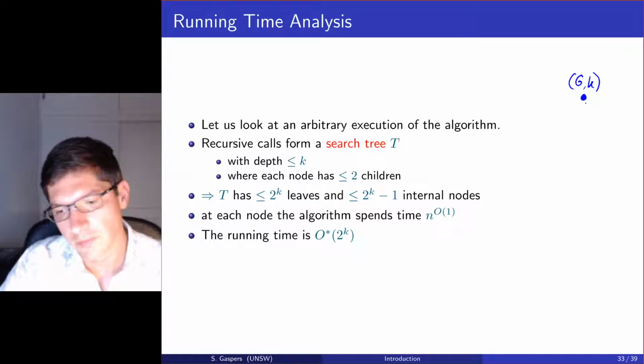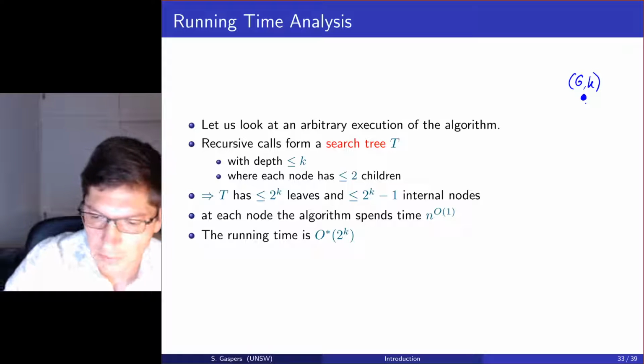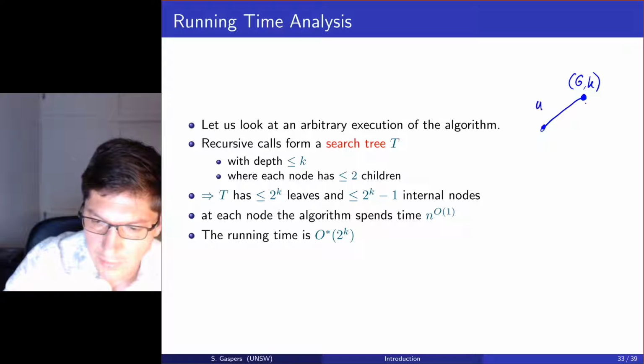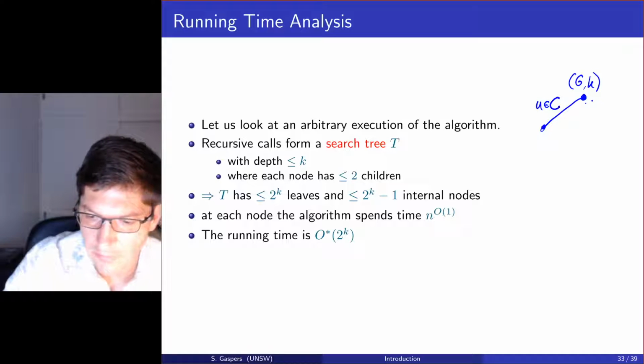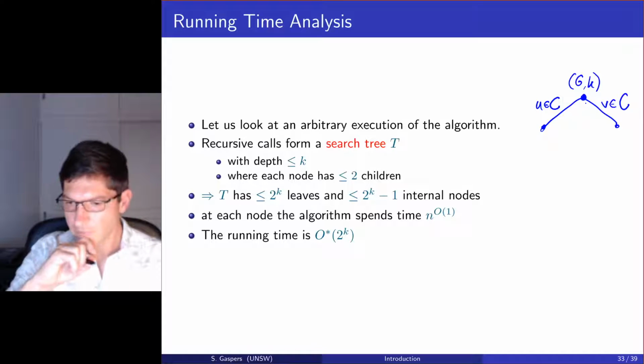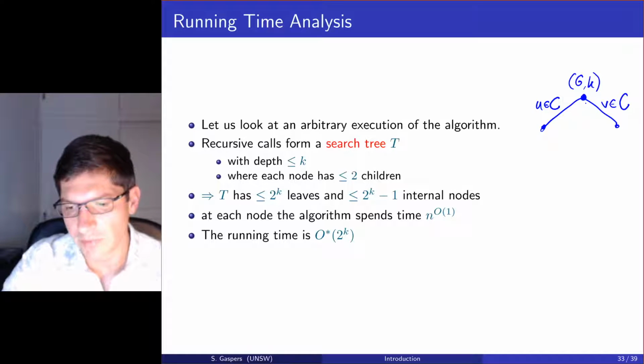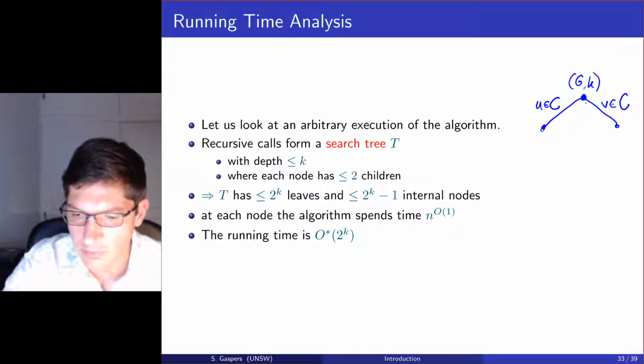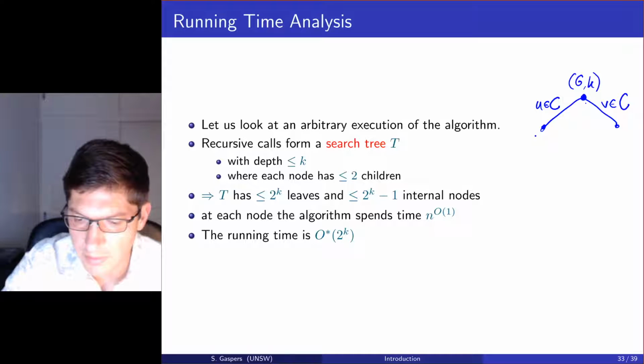Okay, so what does our algorithm do? It selects some edge uv, and then either it adds u to the vertex cover C, or it adds v to the vertex cover C. And now in both of these recursive calls, we get two different graphs. The instance here is G minus u, and the parameter is k minus 1.